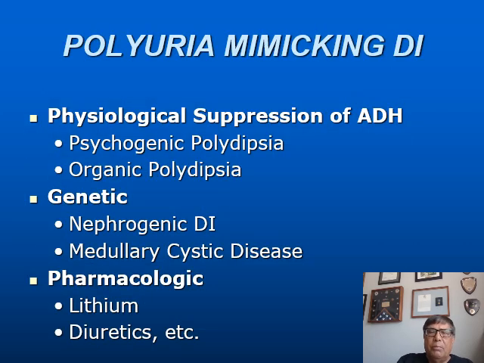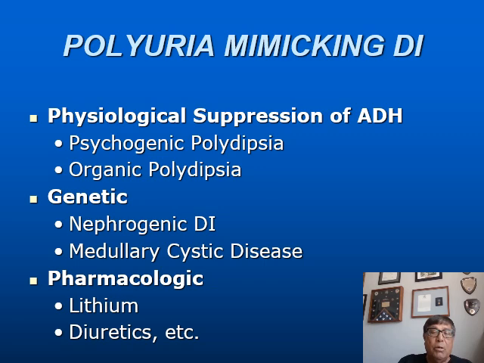The polyuria mimicking diabetes insipidus can be divided in three parts. One is the physiological suppression of ADH, and that is psychogenic or dipsogenic DI, and the organic polydipsia. And genetically, one condition that is interesting and can make problems, especially in the newborn period, is called nephrogenic DI.